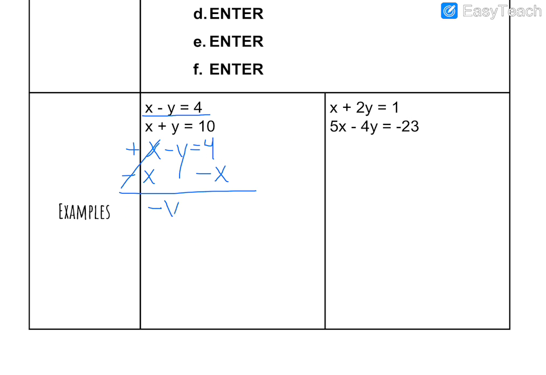We're left with a negative y. We cannot combine a number with just an x. Then we need to get rid of that negative in front of the y. Remember, that's representing -1 times y. So we divide everything by -1, and we get y equals x minus 4.